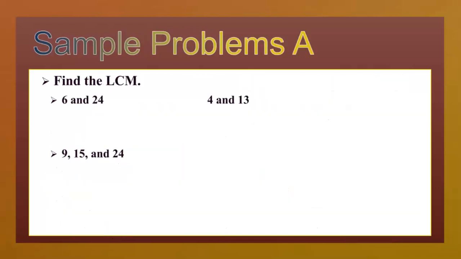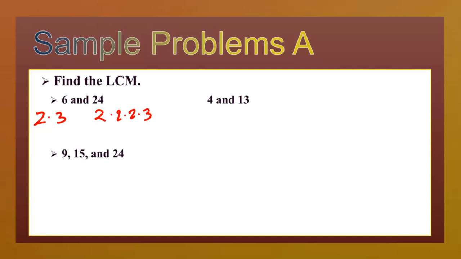So sample problems A, we're going to find the least common multiple of the numbers given. So for this one, 6 and 24. So here, I'm going to use prime factorization. So I know this is 2 times 3, and this is 2 times 12, and 12 is 2 times 2 times 3.